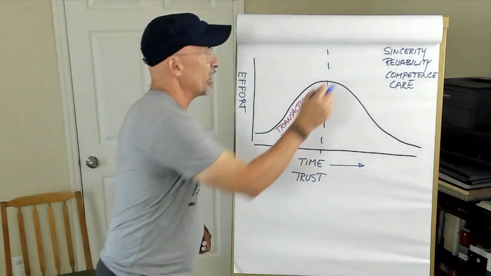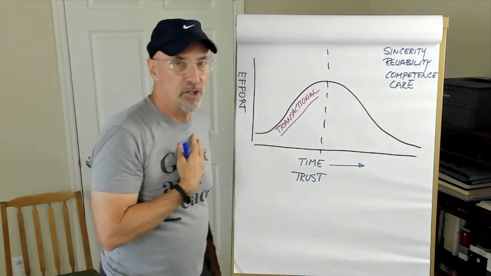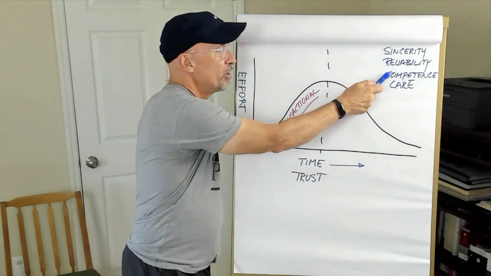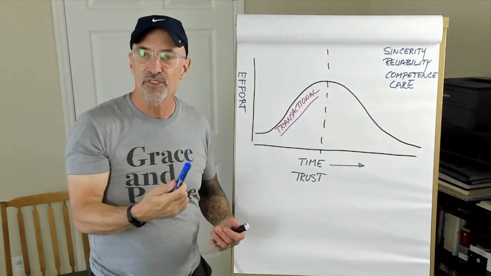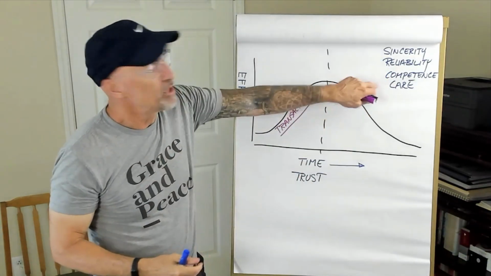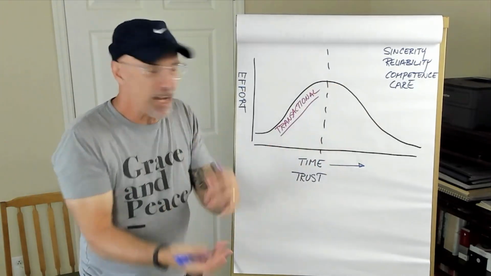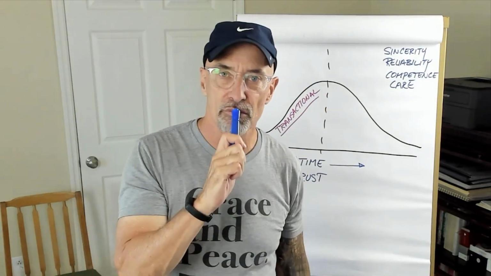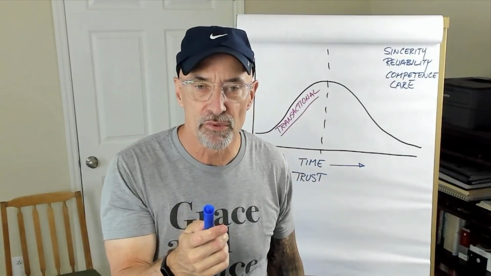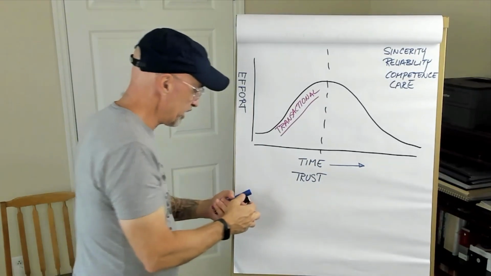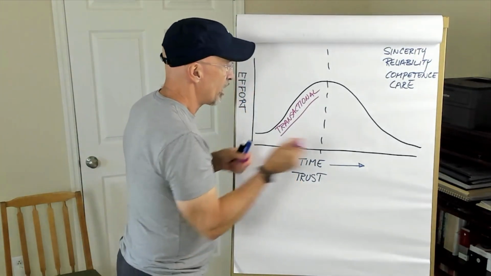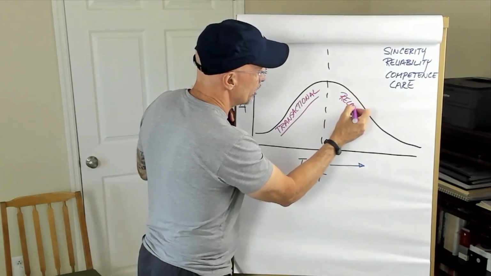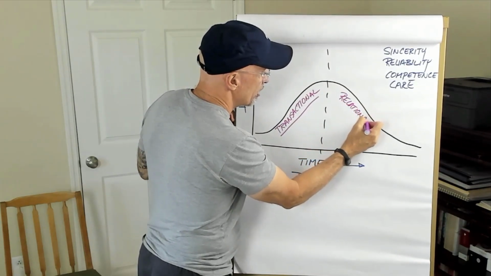But when people get that you are sincere, your word can be taken, you will follow through, you can do what you're being asked to do, right? You don't overstate the case. You really care about the other person. When you get to a certain point, it's like, oh, I trust you. And I really trust you. And at that point, our interactions become relational in nature.